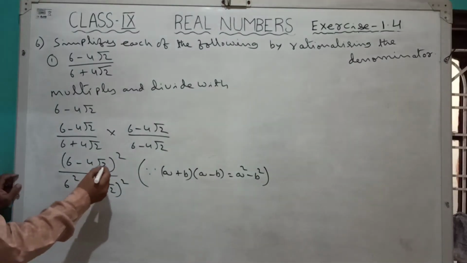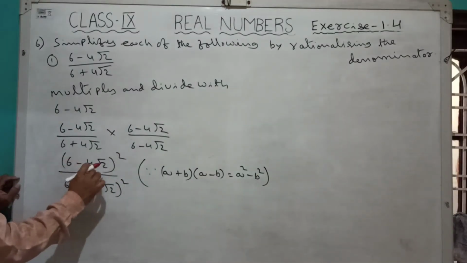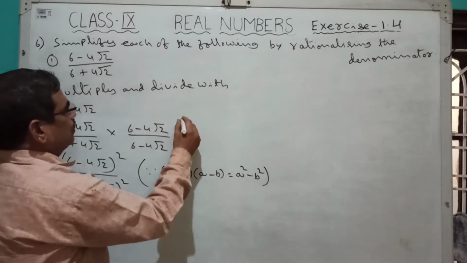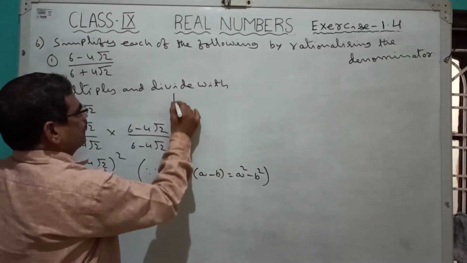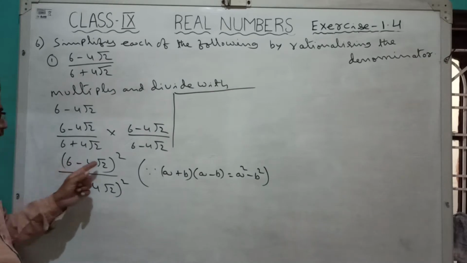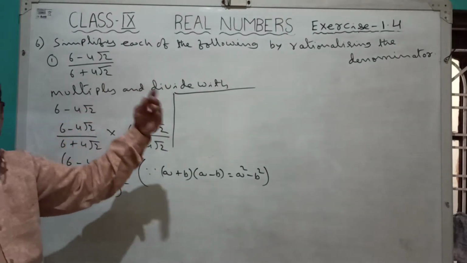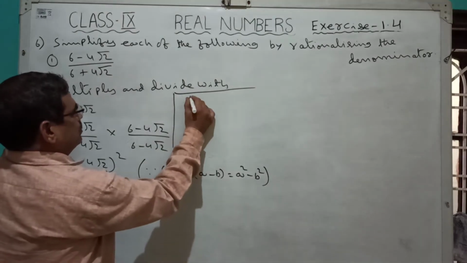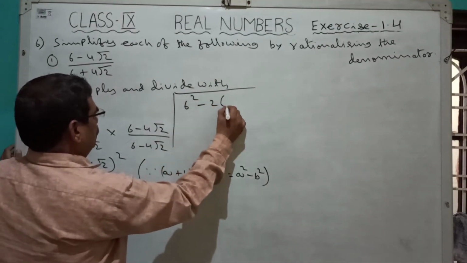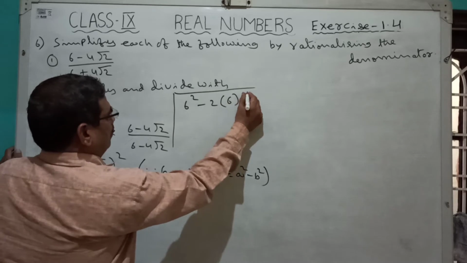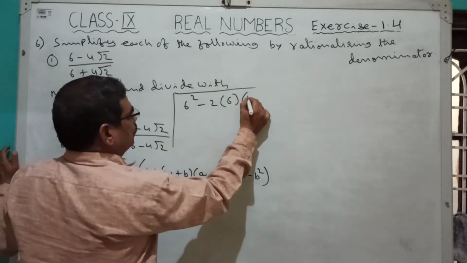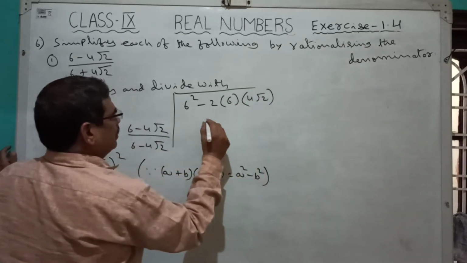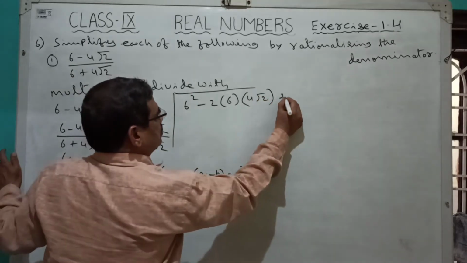Next step. This square is there, (a minus b) whole square, which is a square minus 2ab plus b square. So, a square minus 2ab. What is the value of b? 4 root 2. Then 2ab plus b square.